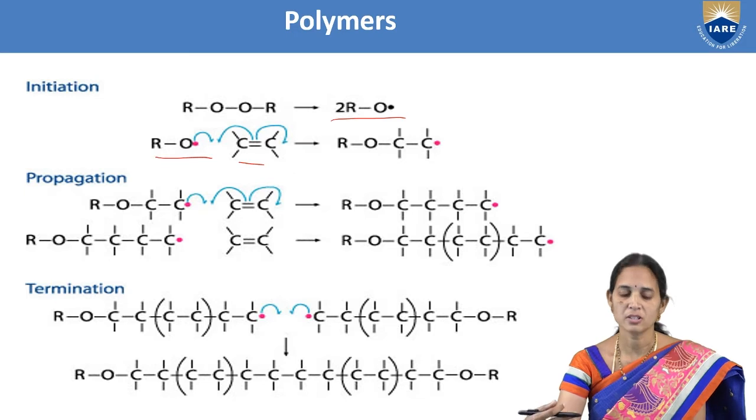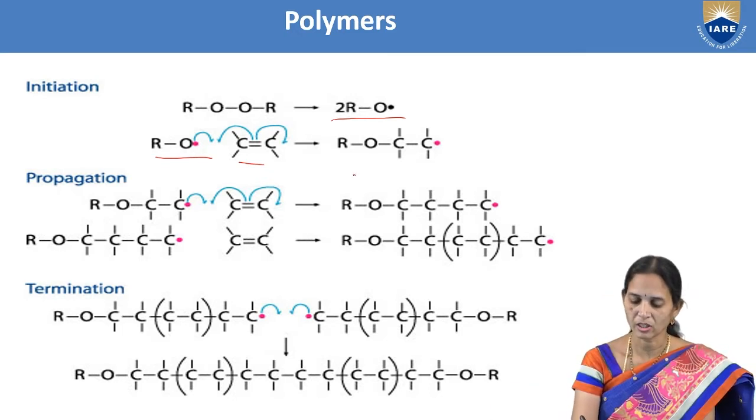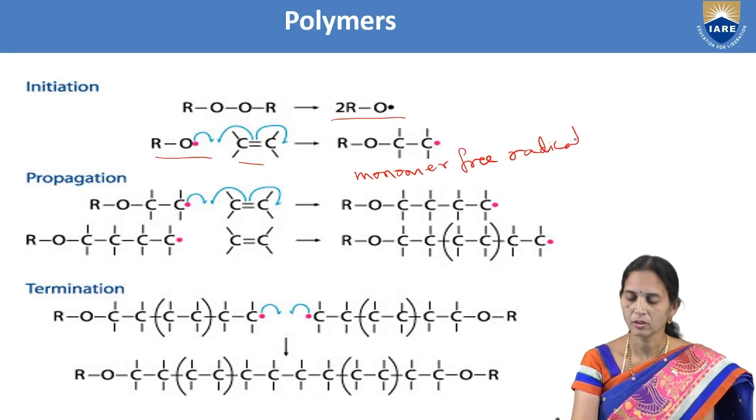When we add the initiator free radical to the monomer, we get a monomer free radical.